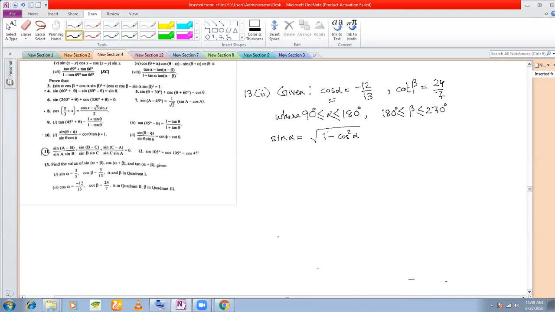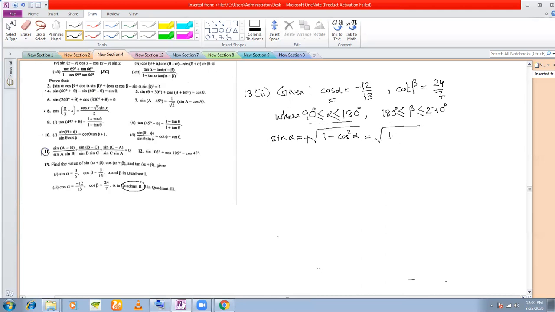In order to see whether the sign should be positive or negative, you must see in which quadrant alpha lies. Alpha is in quadrant 2. In quadrant 2, sine is positive. So therefore, this will be a positive sign.